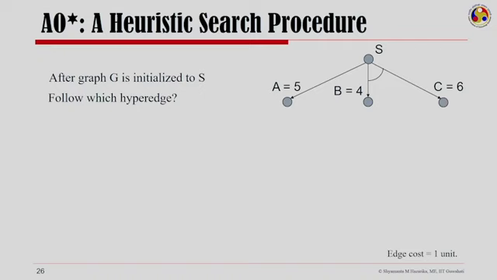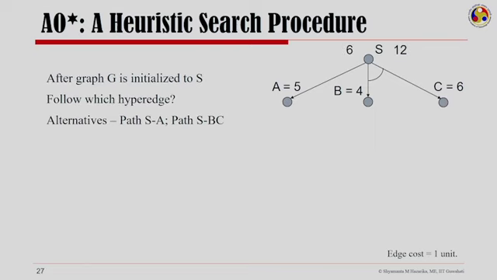We have an S node which has a 1 connector to A and a 2 connector to B, C. Let us assume that the edge costs are 1 unit each. The graph is initialized to S. Now, the question is, which hyper edge do I follow? We have alternatives of moving from S to A or moving along the path S to B, C. We start computing the cost.